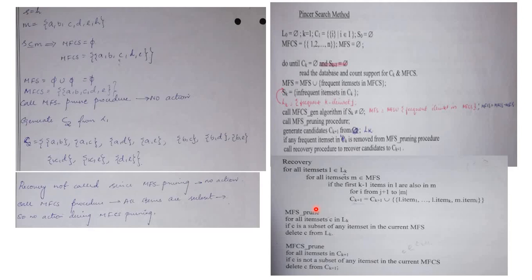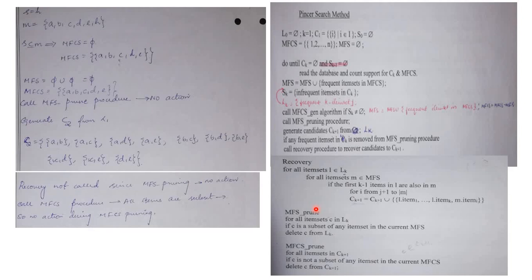The item sets maintained in MFS are there because of the top down approach, and the item sets maintained in L are there because of the bottom up approach. So sometimes, when we go from top to bottom and bottom to up, it might happen that some of the item sets in L are also present in MFS.